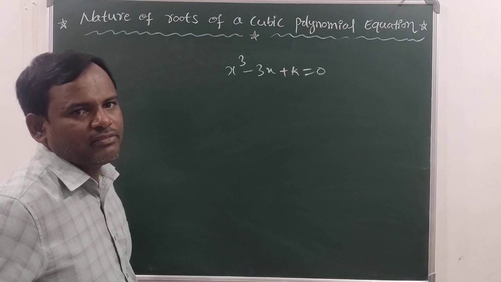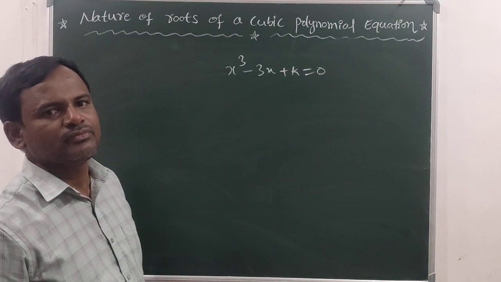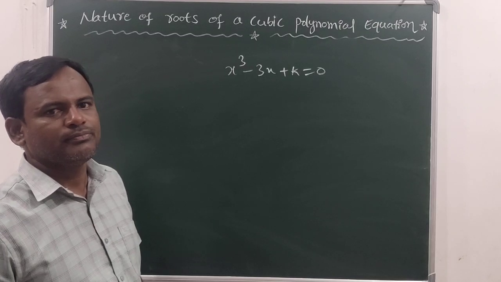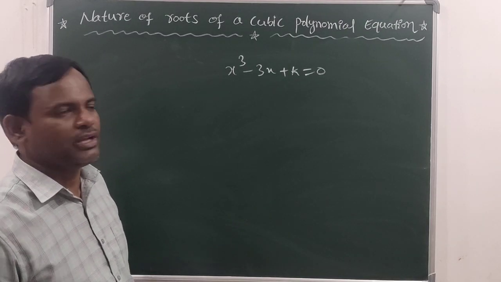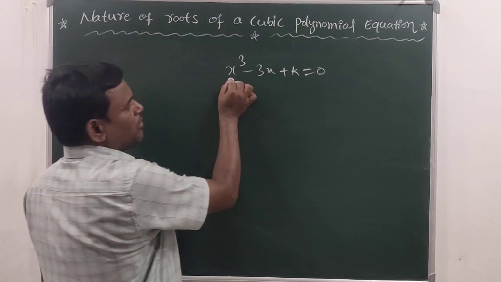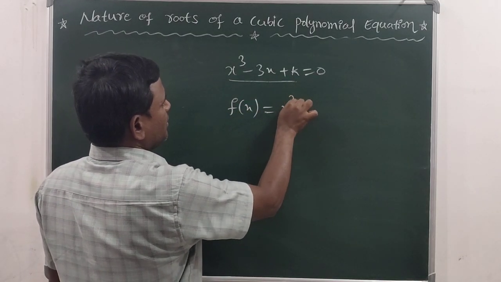Okay, find the interval for k such that this equation should get one positive real root.